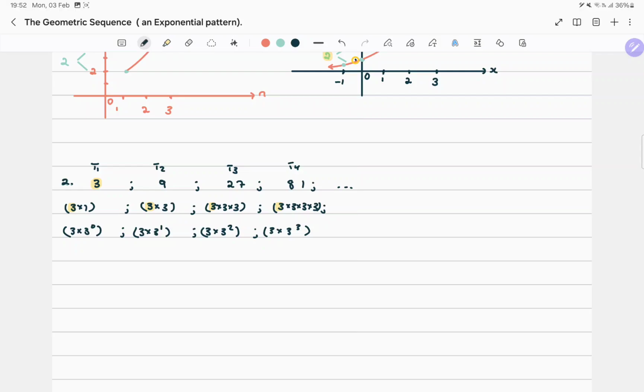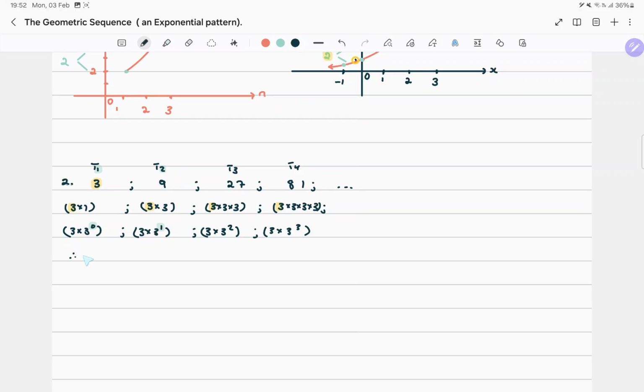Now we can almost appreciate the fact that the exponent of the power that we are multiplying to is essentially 1 less than the position of that term, and it keeps on being the same. We see that the exponent of the power to which we're multiplying the 3 is 1 less than the term's position, and this keeps on going.